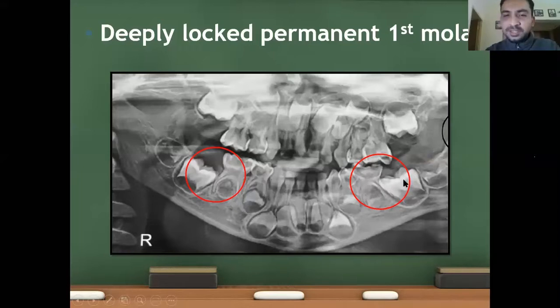So this is a very important thing that a general dentist or an orthodontist can do very early in life, so that the impaction of the first permanent molar is prevented simply by removing the distal portion of the second deciduous molar. That is managing the deeply locked first permanent molar.